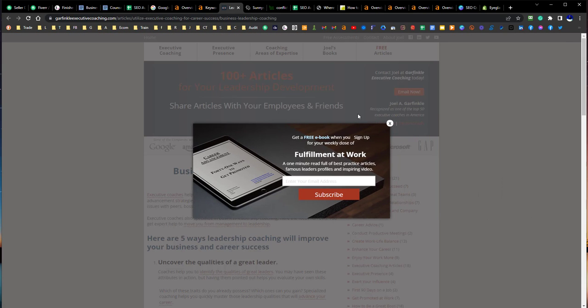Boom, immediately they have the lead magnet, okay, which is get a free ebook when you sign up for our weekly dose of fulfillment at work. You can see that took literally a second for it to pop up, right? And then at that point, it's how to form a relationship with whoever comes to your website.